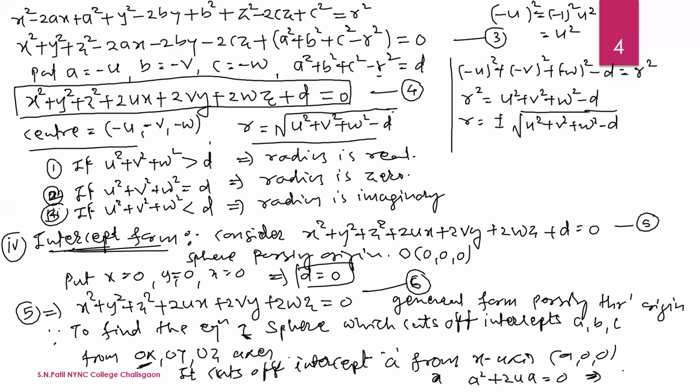First we simplify, a square is equal to minus 2ua. Divide throughout by a, so u is equal to minus a upon 2. See, the value of u is minus a upon 2 when it intercepts the x-axis at a.